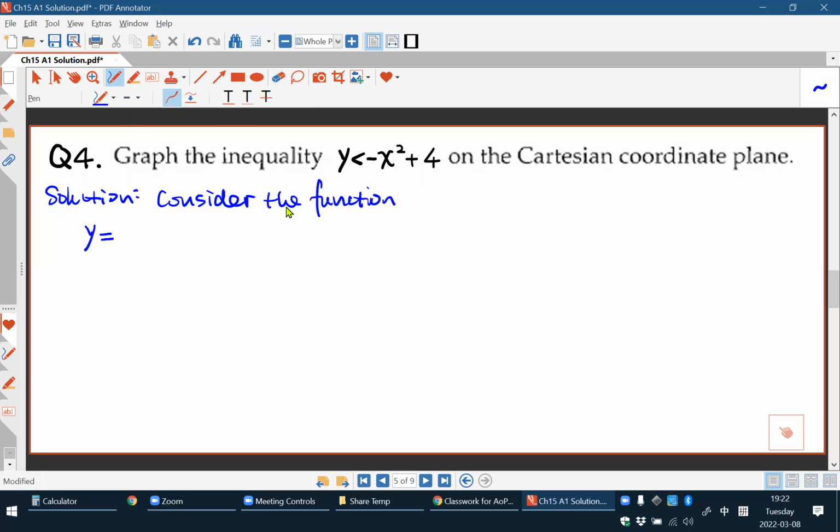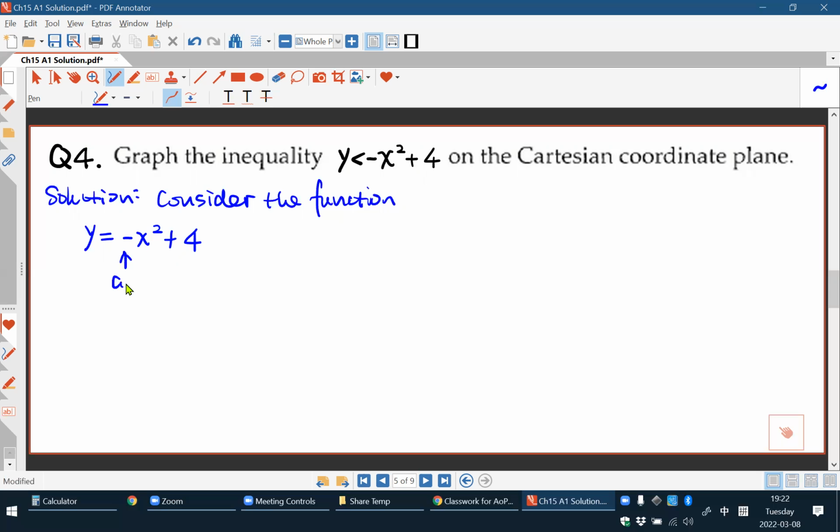Let's change the inequality symbol to an equality symbol. y equals negative x squared plus 4. And apparently this is a quadratic function, right? First of all, we need to sketch its graph. In order to sketch its graph, we need to convert to the vertex form. And fortunately, this is already in vertex form, right?